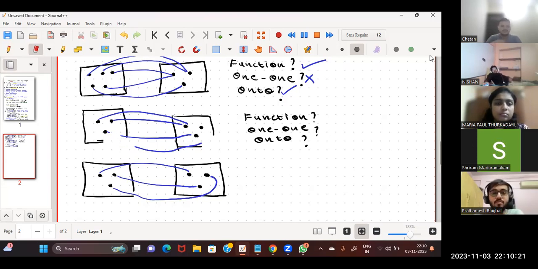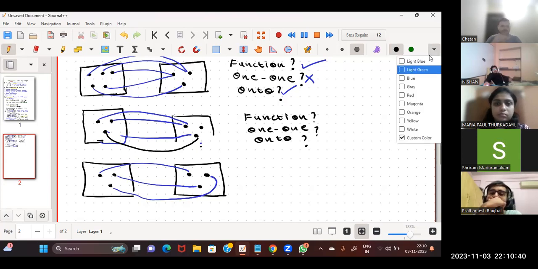Just map this ball to that existing ball. Oh no, not the same. The empty ball where there is no input is mapped. I want you to map to that ball.